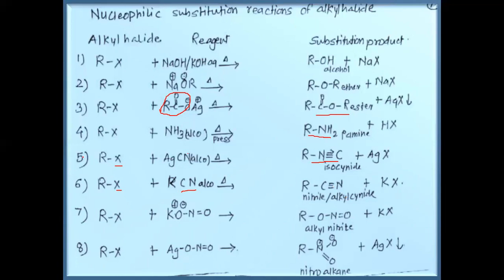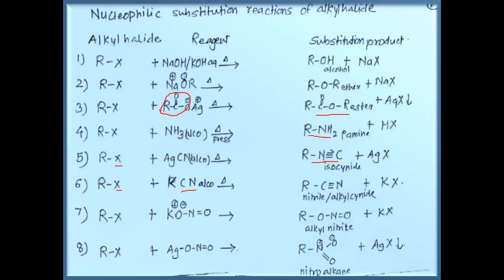See reaction number 5 and reaction number 6. In presence of silver cyanide, in this nucleophile both carbon as well as nitrogen are attacking groups.